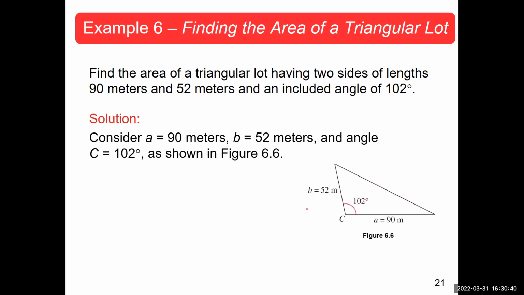What they gave you is only one angle and two edges. But it happens this angle is between those two, side 1 and side 2. That's the angle between. So the area equals half, side 1 is 52, multiplied by side 2 is 90, multiplied by sine 102. That's it. That's the area.